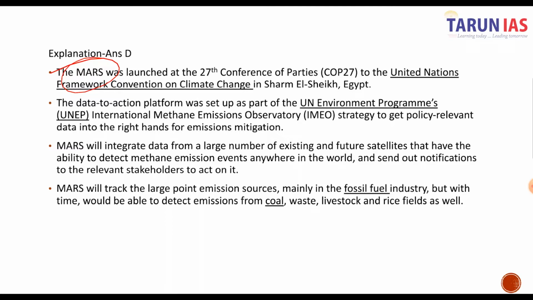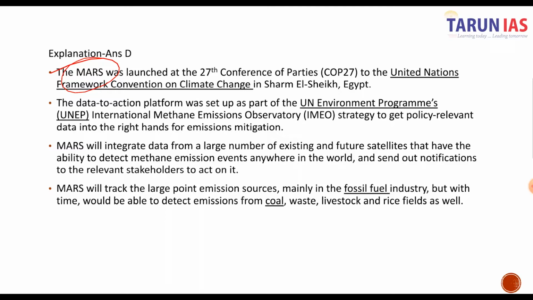So these objectives would only be fulfilled if we have an alert system, if we have a data to action plan, so that we can analyze, we can assess, and we can take action. So that's why the MARS has been released at the 27th Conference of Parties of UNFCCC, that is United Nations Framework Convention on Climate Change, in Sharm el-Sheikh, Egypt.